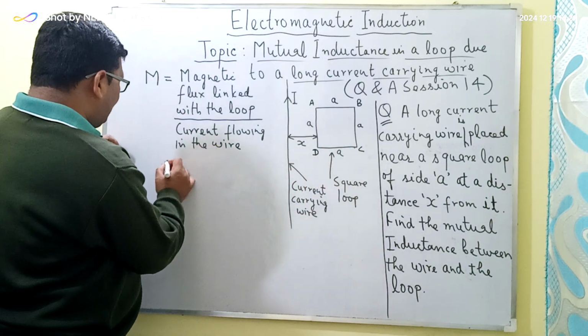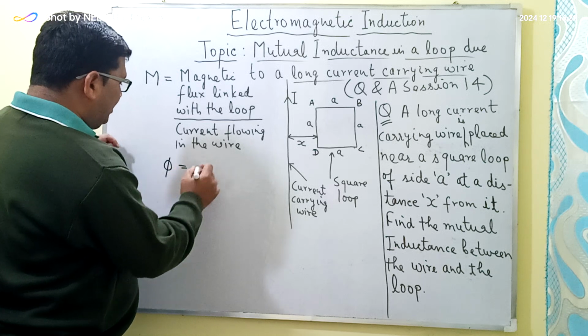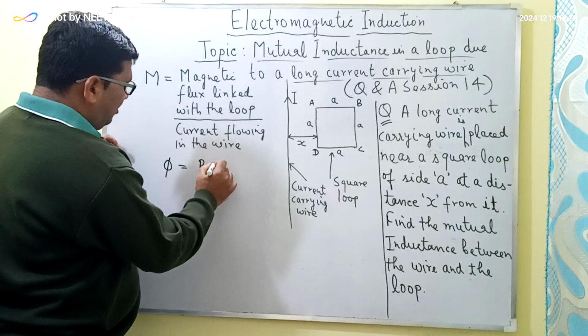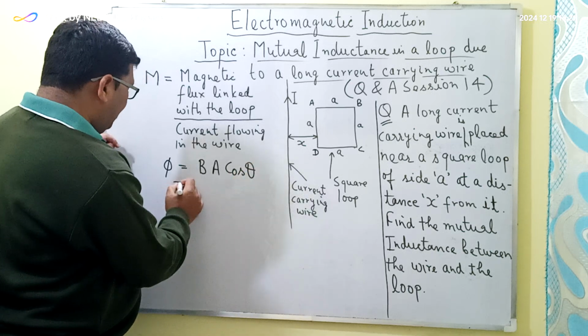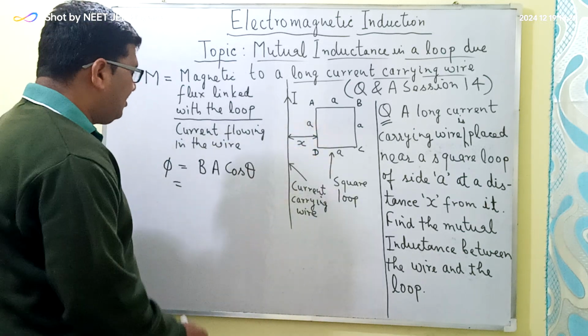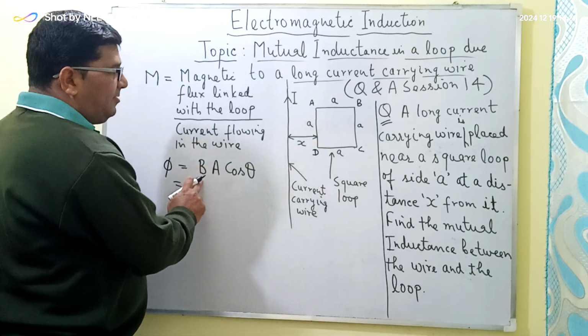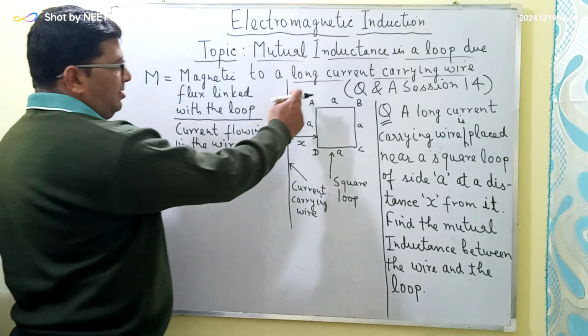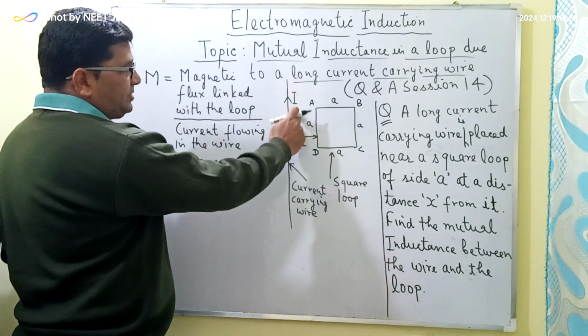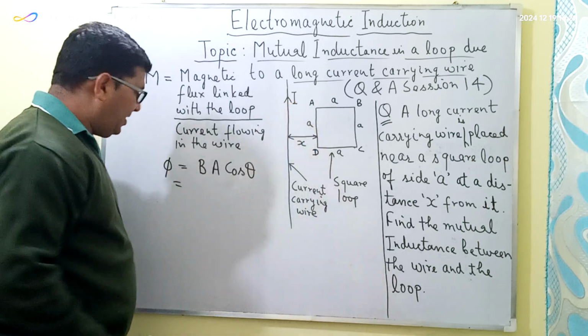So the magnetic flux phi will be equal to BA cos theta, where A is the area of cross section and B is the intensity of the magnetic field due to this current carrying long wire.